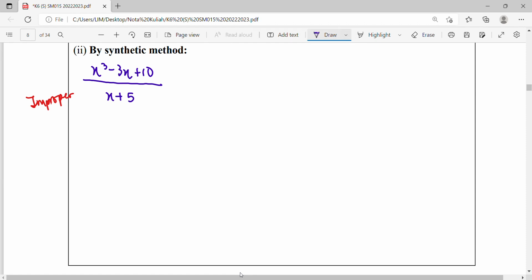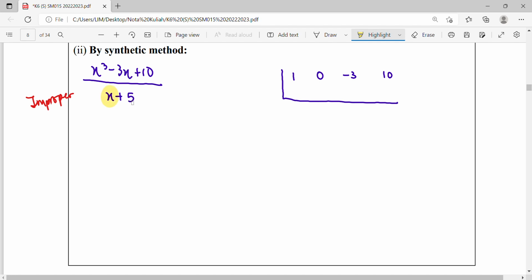So by doing the synthetic method, we write our polynomial out. The coefficients of the polynomial will be 1 for x cubed, 0 for x squared, followed by negative 3 for x, then the constant 10. We're going to divide by our divisor x plus 5. When doing the synthetic method, you always have to be careful.